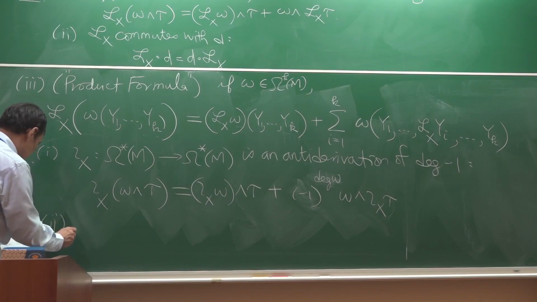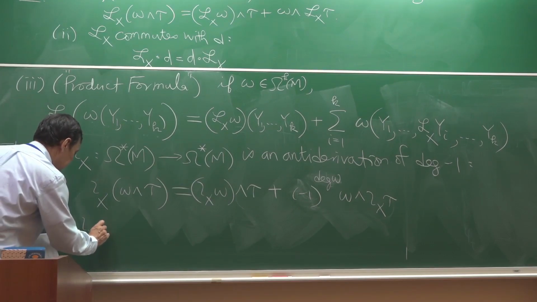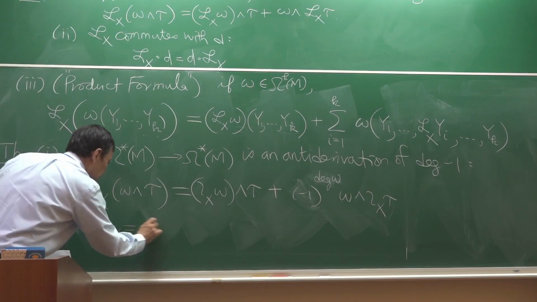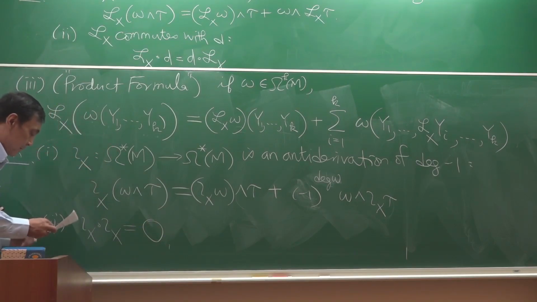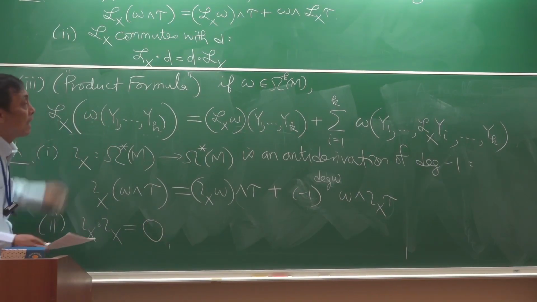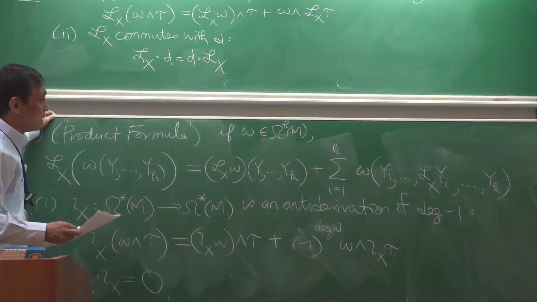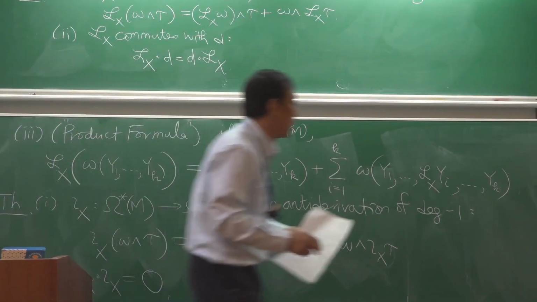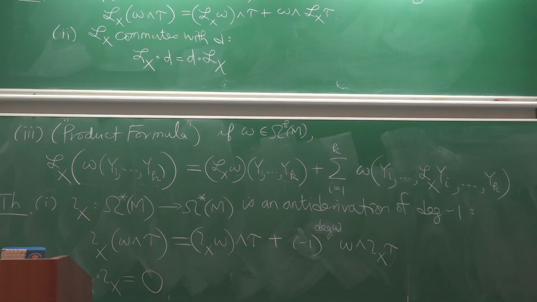And then you already know that Ix composed with Ix is 0. And then there's a very important formula. It's called Cartan's homotopy formula.